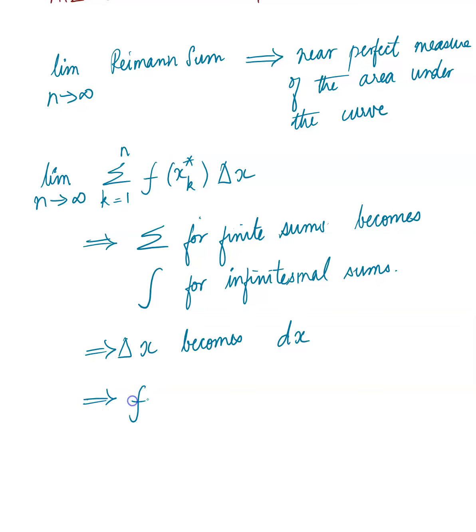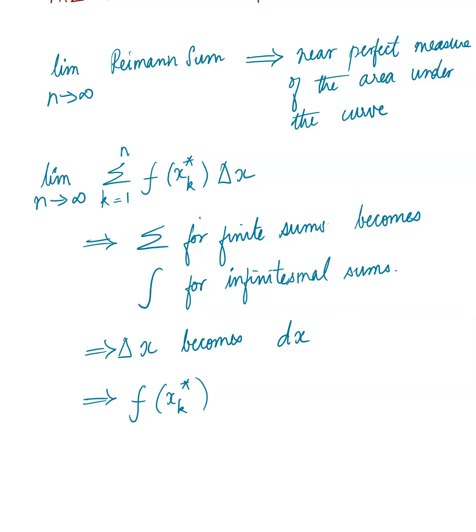And what happens to f of x_k star? F of x_k or f of c_k or f of x_{k-1} doesn't matter, because this is the value at one particular point on the graph, and it could be any point on the graph.